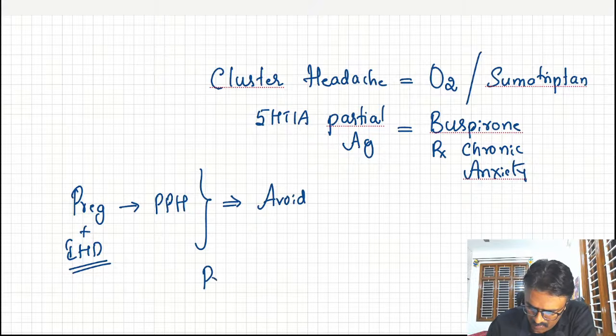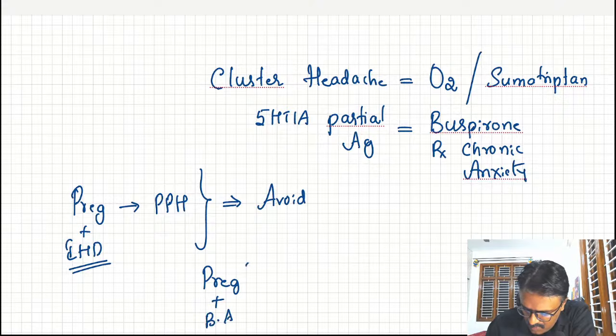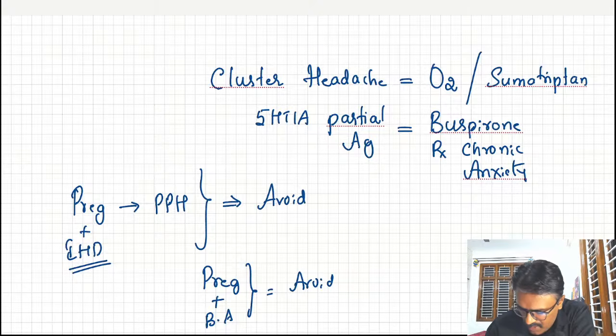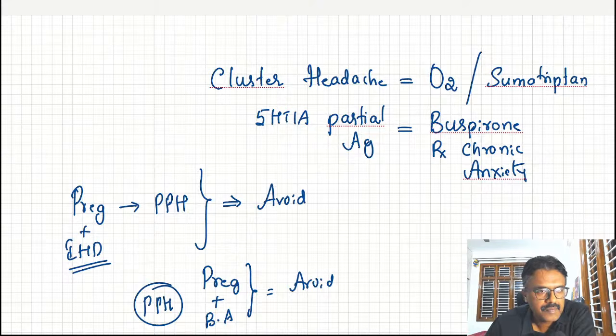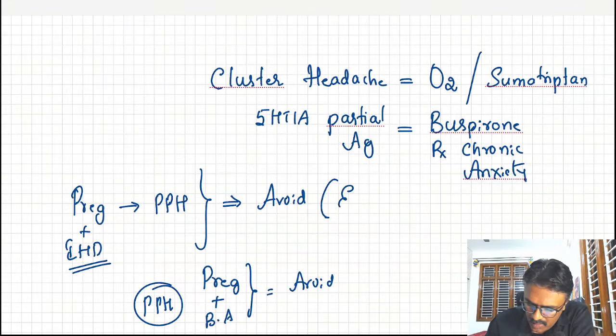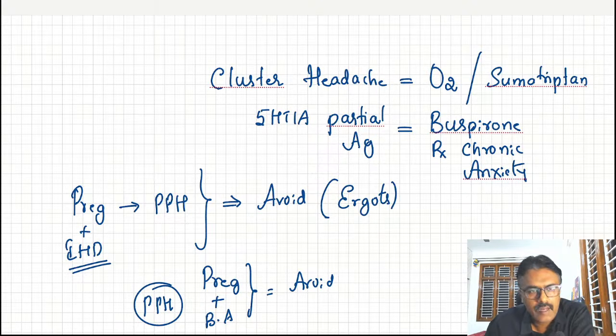Same thing I will ask you. Pregnant woman, she is having asthma. Which one will you avoid in managing PPH? Come on. Ischemic heart disease, I don't want to give a vasoconstrictor, so I don't give ergots like methylergometrine and ergometrine.